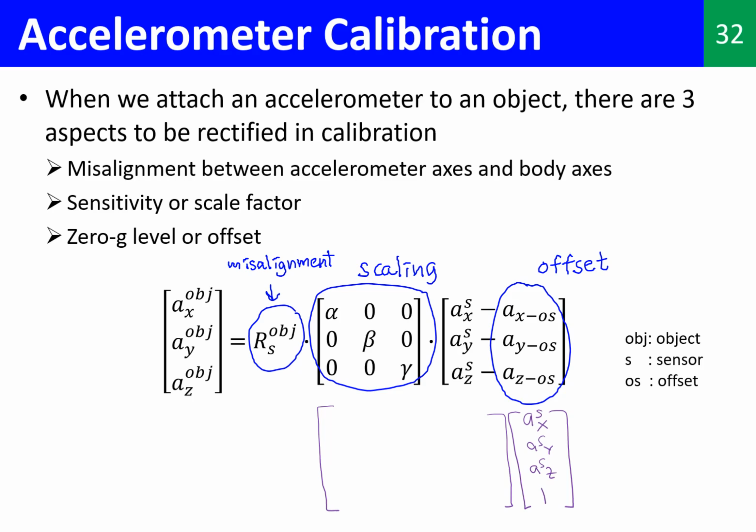So we have the original one here, 11, 12, 13, 31, 32 and 33, and now we have that offset part in this column.